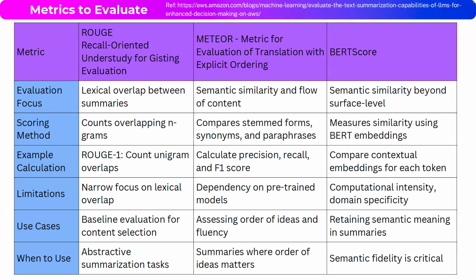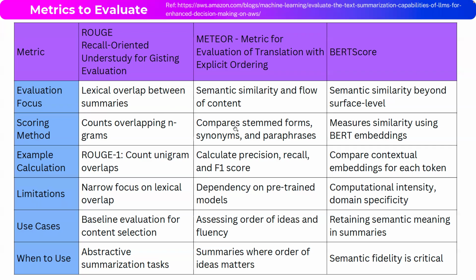It will take an n-gram, say one gram, because it's a lexical overlap. What is the disadvantage of it? It will not understand the context. We are missing the context. It will mostly rely on the lexicon.